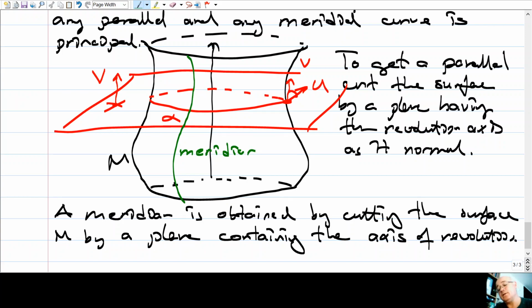Again, in this case, the angle between the normal vector and the vector v will be constant.